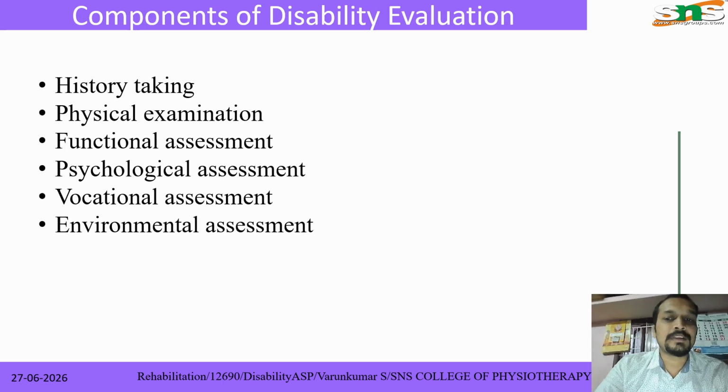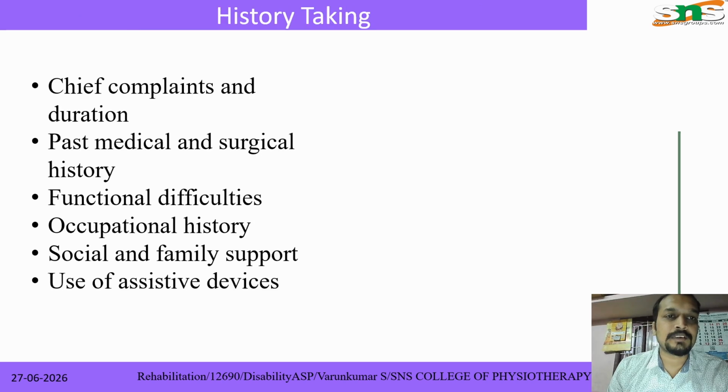Then psychological assessment, where we look at the mental health of the patient. In vocational assessment, whether the patient is capable of coping with the workplace atmosphere, and then the environmental assessment. So these are the various components of the evaluation of a person with disability.